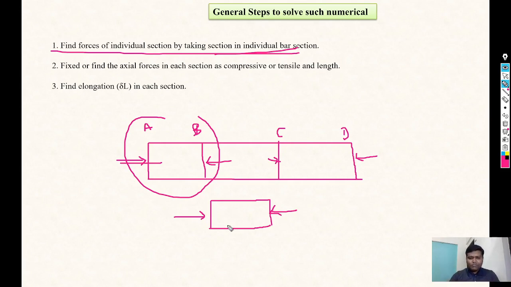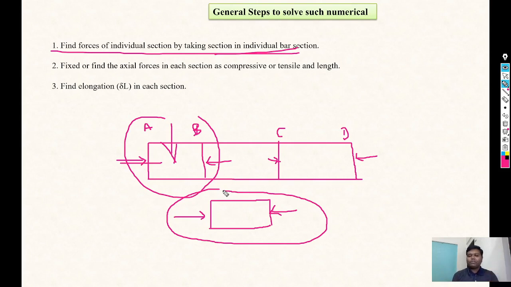So first we have calculated the forces on the separate sections. Once you calculate the force on the subsection, just decide whether the force acting on that subsection is compressive or tensile.